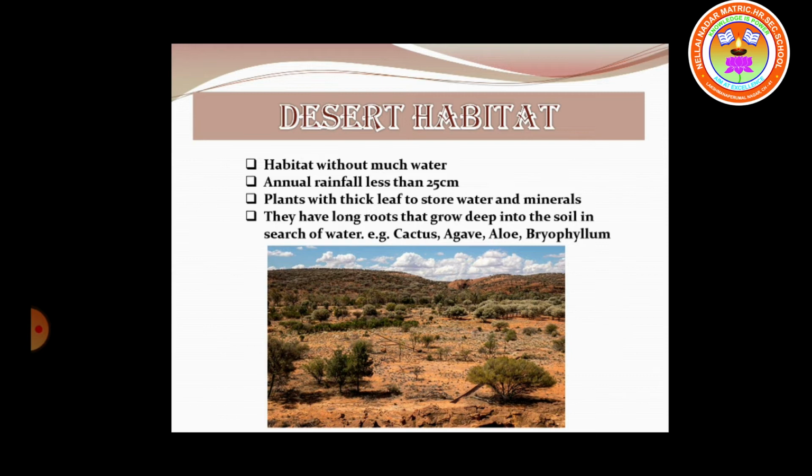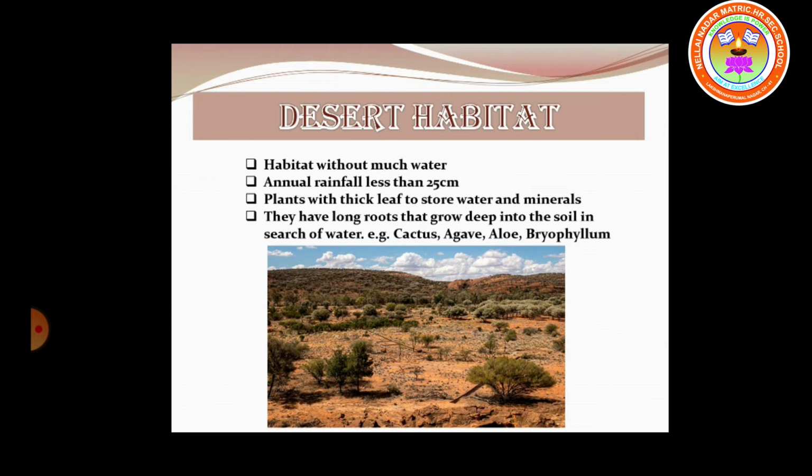Deserts are the driest place on earth. They get less than 25 centimeters of annual rainfall, a very minimum amount annually.